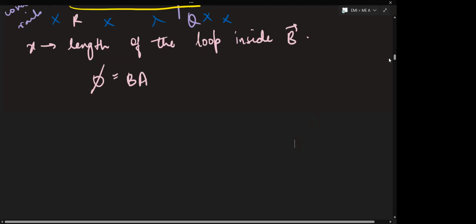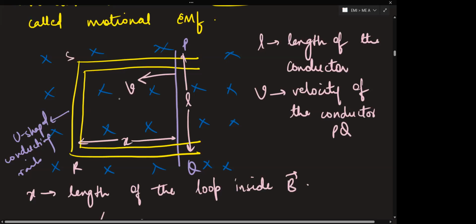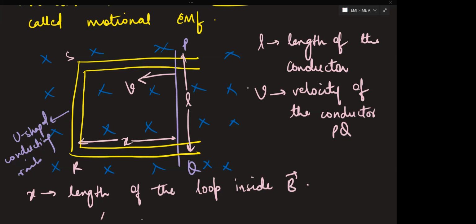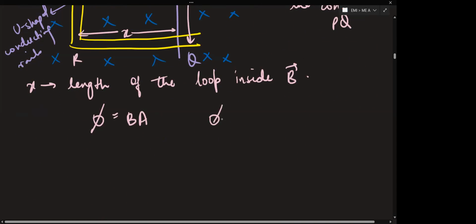So can anyone tell what is the area of this rectangular loop enclosed in the magnetic field? Area of a rectangle. This is the length, this is the width, Lx. So it will be L into X. So magnetic flux will be B into L into X.